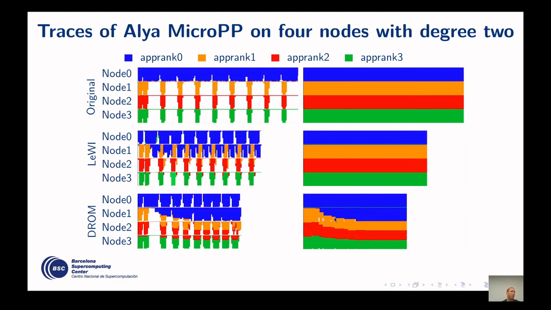This is the reason why we don't see these lines of apprank 1 executing anymore in node 1 after some time. DROM reduced the execution time to 65% of the original time, and the imbalance from 2 to 1.15.